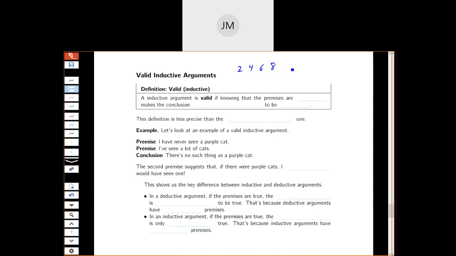What do you think it is? Somebody say out loud or type in chat. If I say 2, 4, 6, 8, what's your guess as to the next number? 10, right? I would say that most people would probably say the next number is 10, because you're saying, oh, he's probably counting by twos. Not knowing that these are the first 4 digits of somebody's phone number in Michigan.